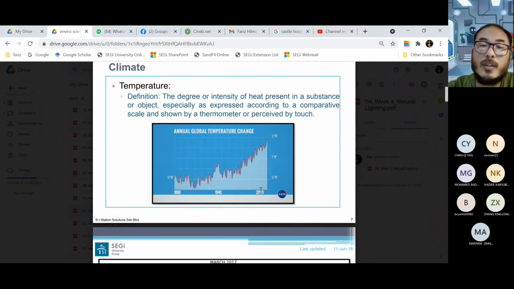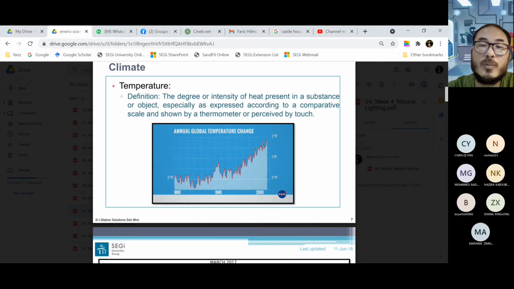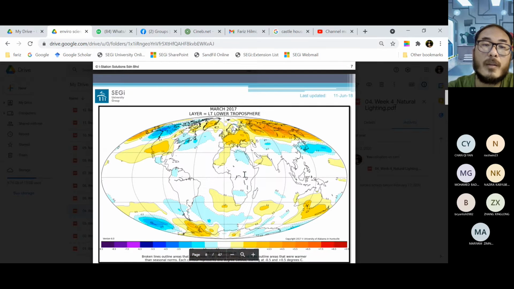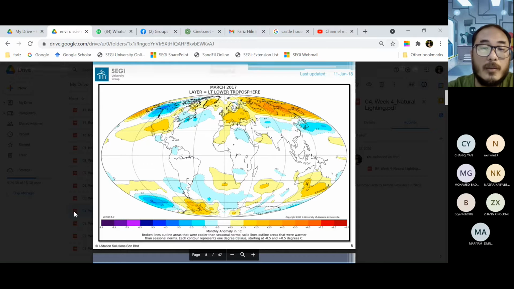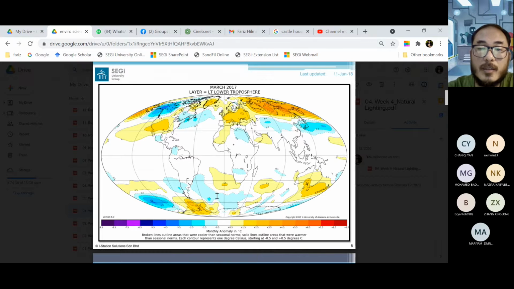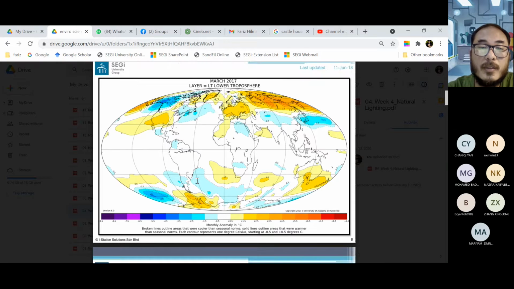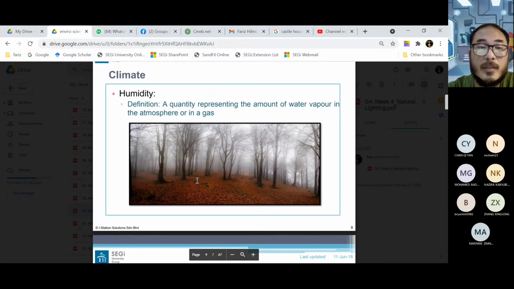This is 2000, sorry, and probably 2020 is already beyond 2 degrees Fahrenheit. Okay, so this anomaly in degrees Celsius means the general temperature shown here in March 2017. So all these have different climates, different effects on the countries.